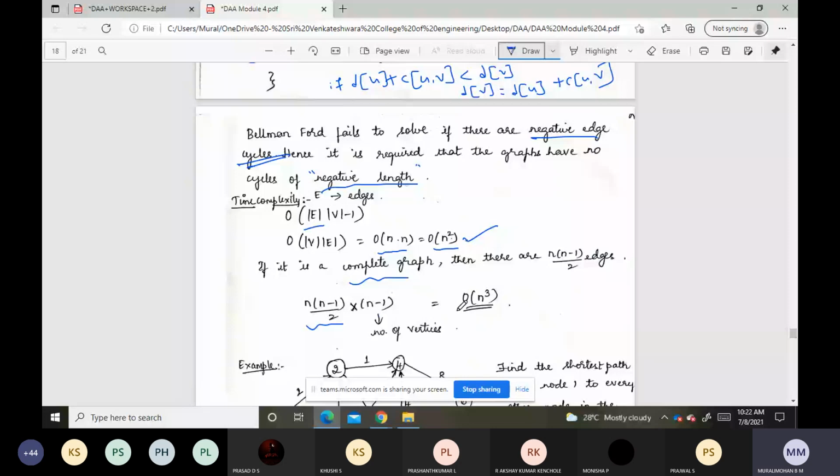If the graph is complete, then the time complexity of Bellman-Ford algorithm is n cube. Else, if the graph is not a complete graph, then we are having n square. Clear? Kindly respond, please.